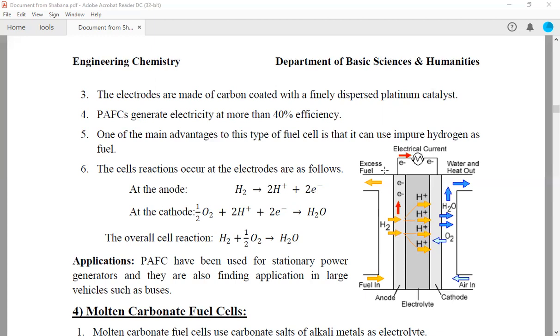And in India, DRDO has developed the phosphoric acid fuel cell for air-independent propulsion for integration into submarines. So that is about the phosphoric acid fuel cell.